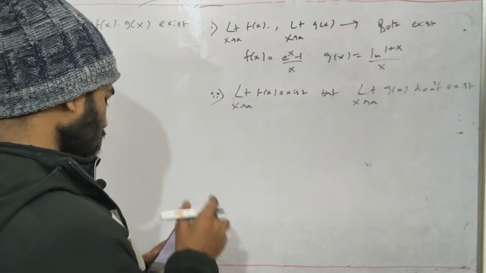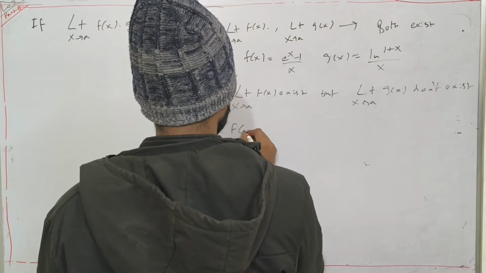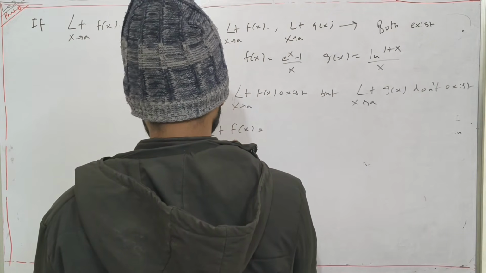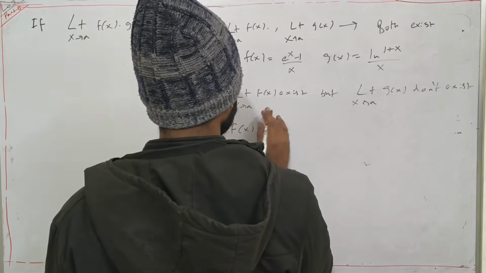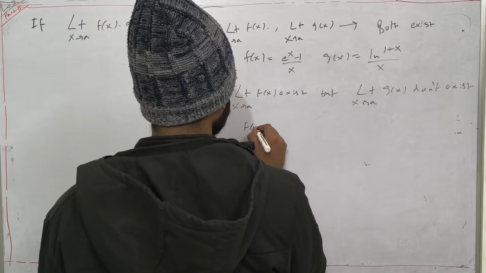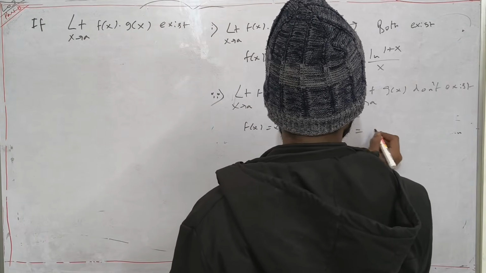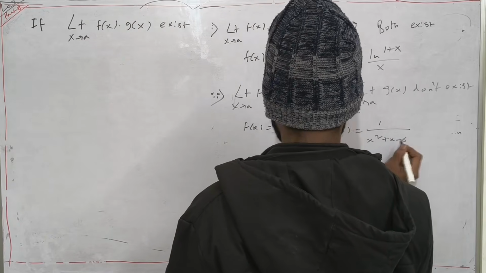The example is f of x equals x square minus 4, g of x equals 1 by x square plus x square minus 6, with limit x tends to 2.